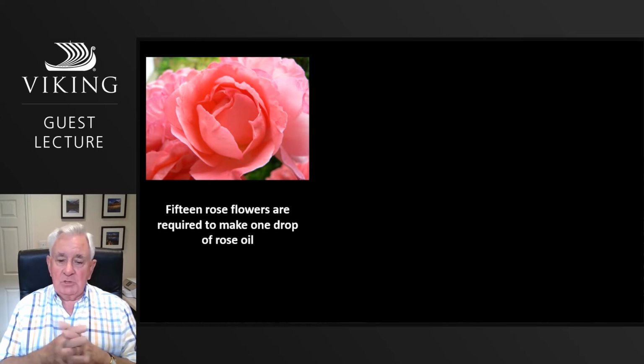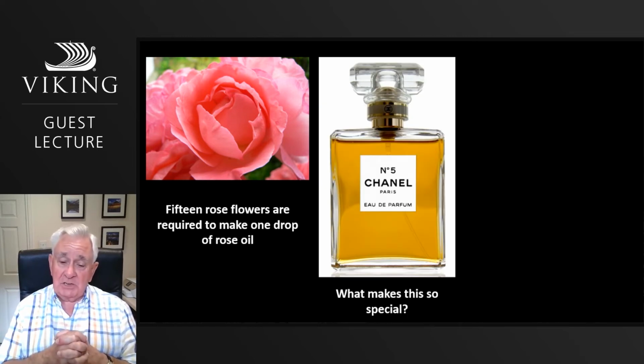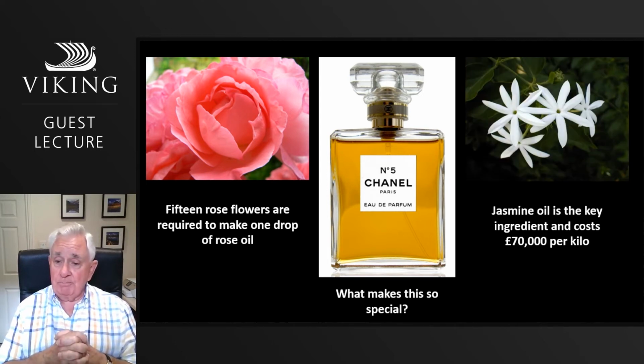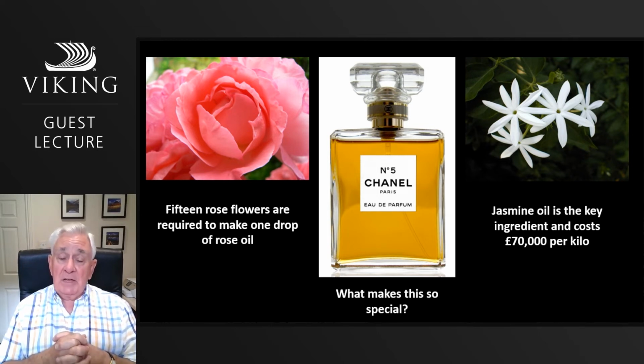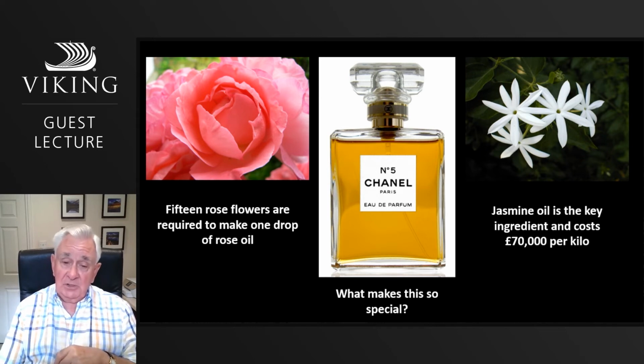So if we think about Chanel, what makes it so special? Well, it has some rose oil in it, but the key ingredient is jasmine oil, and that cost at the time £70,000 per kilo. So at current exchange rates, $70,000 near enough per kilo. Very, very expensive. Having said that, the bottle probably costs more than the perfume inside it.